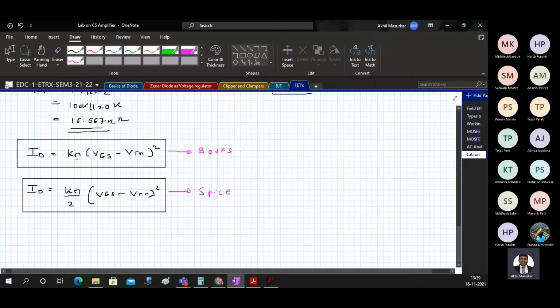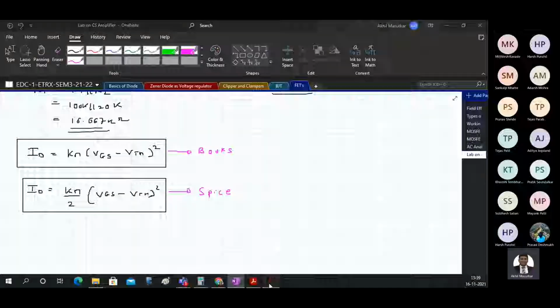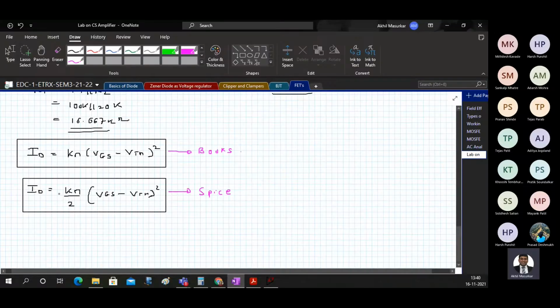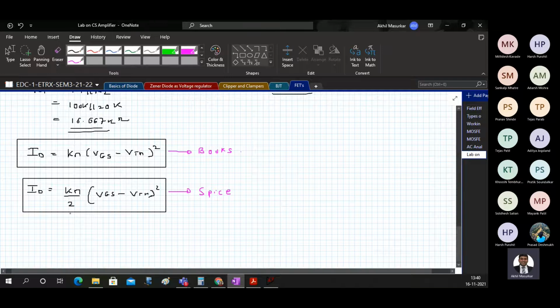Here Kn is the value of Kn, and if I give a command here that Kp is 10 raised to minus 3, actually spice will take it as Kn by 2. It will take half of that. So I don't want spice to do that. I want my answer to match what I have calculated.